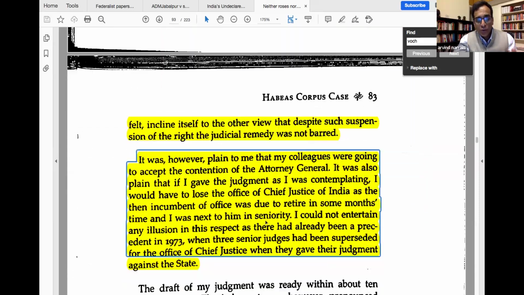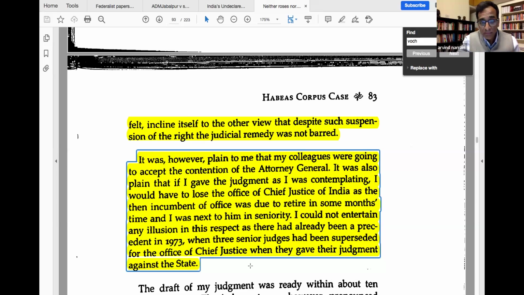The other thing he also knew is it's not just that you're going against the state, you're losing any kind of personal benefit. He knows that Indira Gandhi is a particularly vengeful character, and history has proven that if you go against her, nothing good will happen to you in terms of benefits. Previously, in the Kesavananda Bharati case, the three judges who delivered a judgment for the basic structure doctrine were all superseded by the then Indira Gandhi regime.